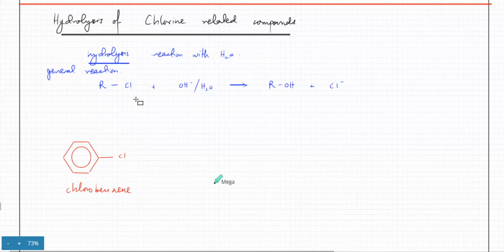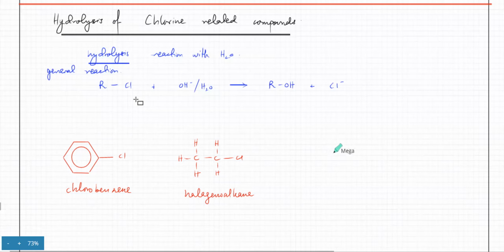The next one is a halogenoalkane. So it's basically a carbon chain, and that carbon chain has Cl attached to it. Now you've already studied the hydrolysis of halogenoalkanes. And the last one that we're going to do when we're comparing it is acyl chloride.